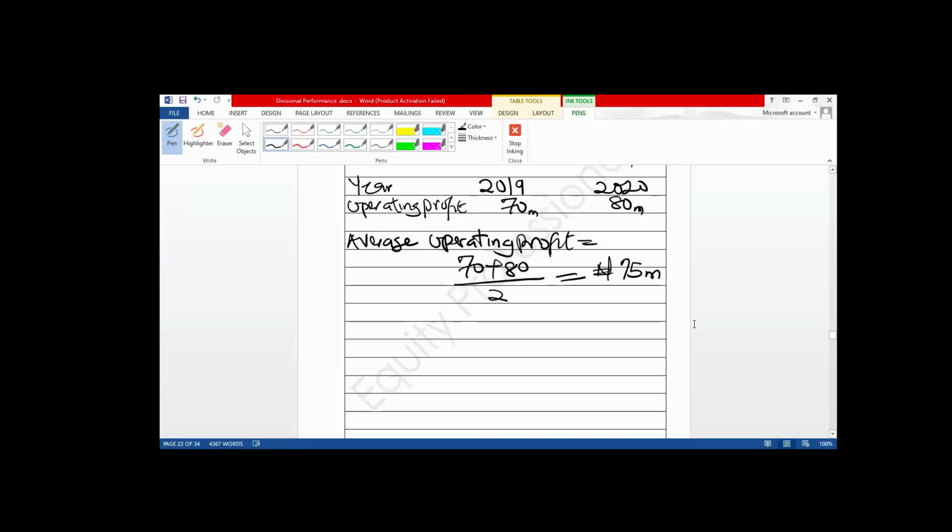Next, your capital employed, 2019, 2020. Capital employed is shareholders fund plus long-term debt.